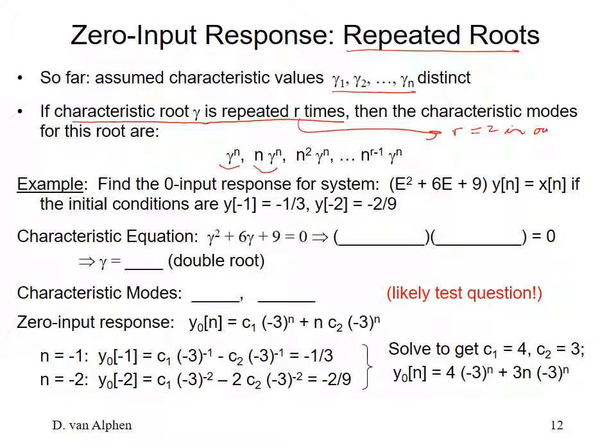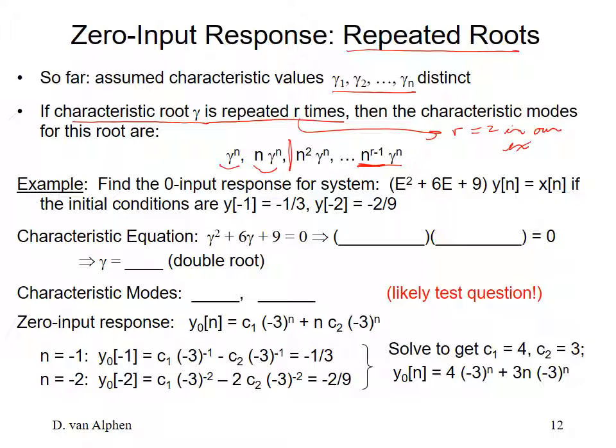In our example, we're going to go up to n raised to the first power times gamma to the n. In other words, we're going to stop right there. Because again, r is 2, so the highest power of n we take as the coefficient of gamma to the n is n to the r minus 1, where r equals 2, so that just becomes n to the first power.